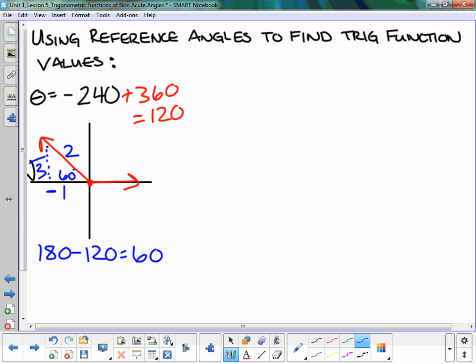Yep. So 1 is negative because we're in the coordinate plane here, and to the left in the x direction it's negative. Okay, so 2 wouldn't be negative. The r value, this hypotenuse, is always positive. And then in the second quadrant, y's are positive. Okay. So now we have x, y, and r.